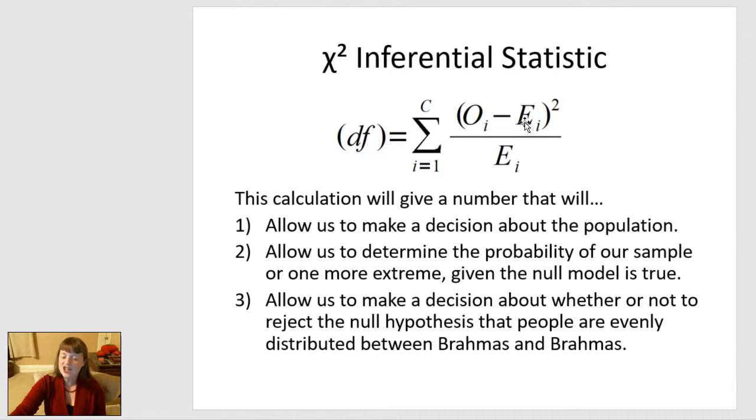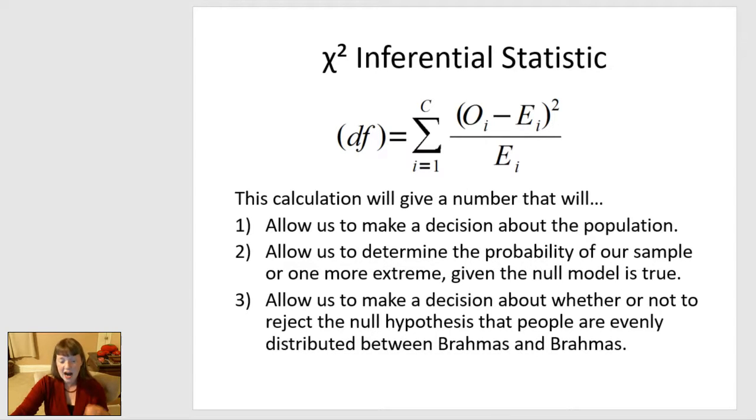Do that for each and every single category, then divide each of those by the expected value, and then once you've done that for all of your categories, from the first category to the last category, you add them all up at the end.